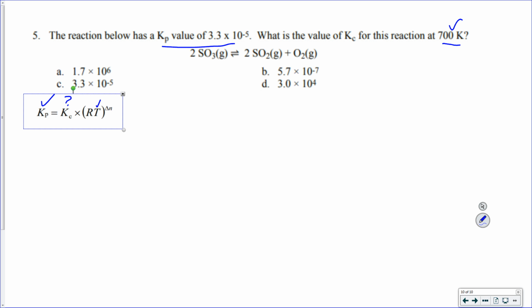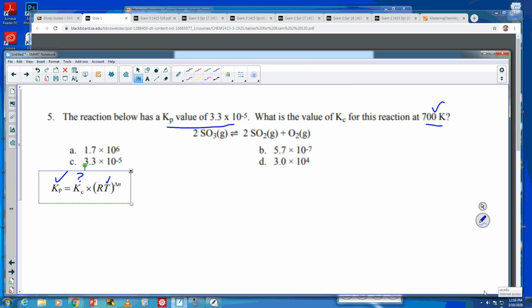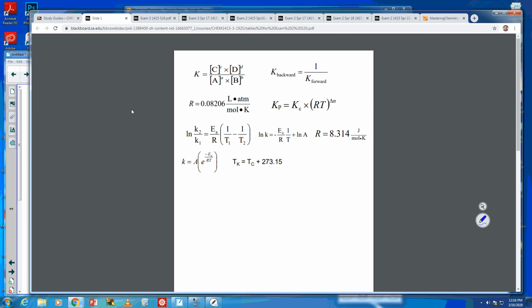Our constant that we have to use for R, so that's where we have to go back and think about which value for R we use, and look at our table. We've got two R's. One is a thermodynamic R that we use with the activation energies, and the other is the R gas constant that we use with the ideal gas law.